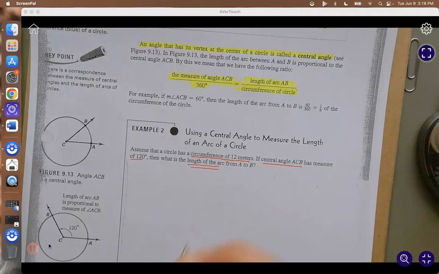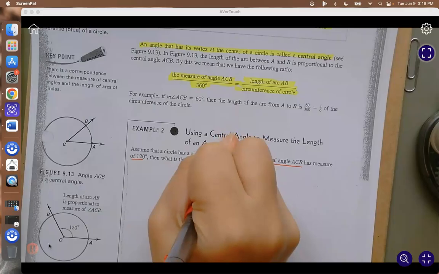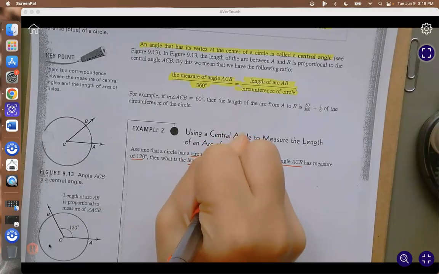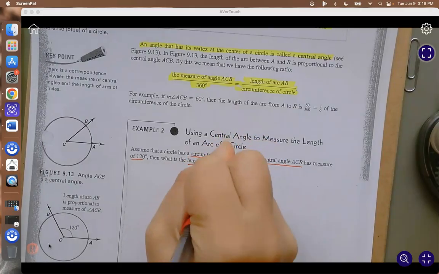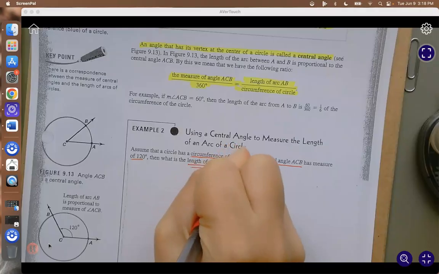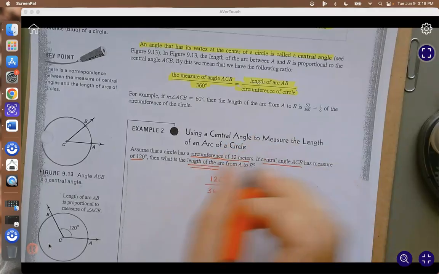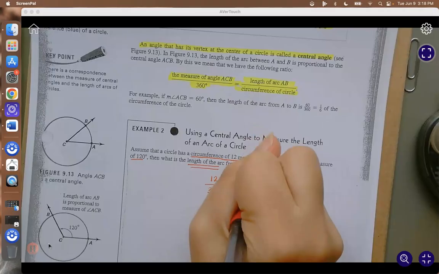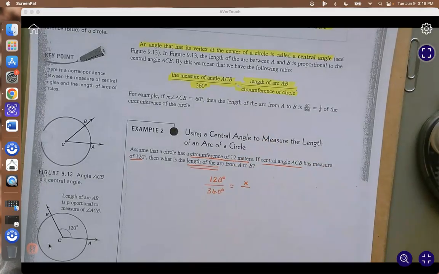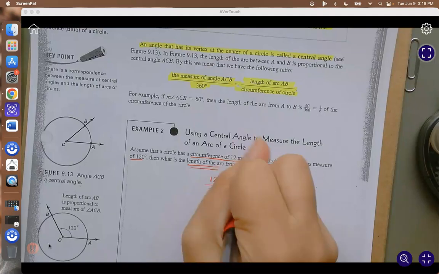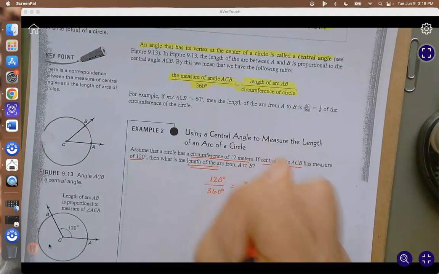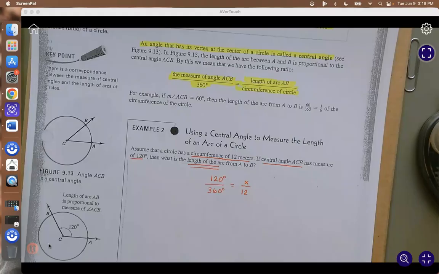So we're going to set this one up. Remember, it's angles first. The part we know is 120 out of the whole circle, which is 360. We want to know the arc length of AB. We don't know that. Out of the whole length, which is circumference, which is 12.